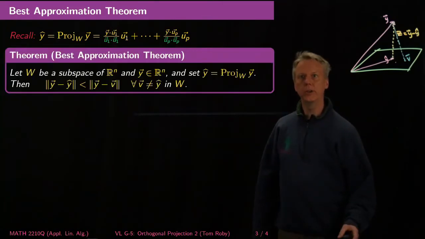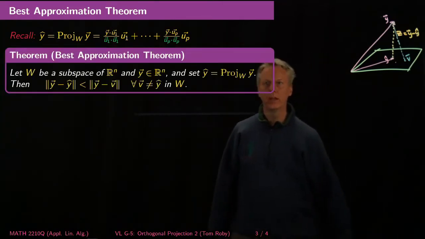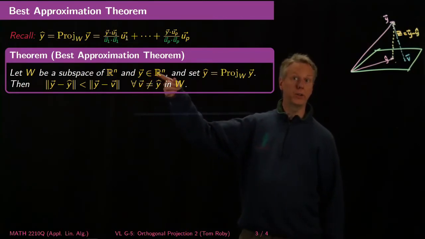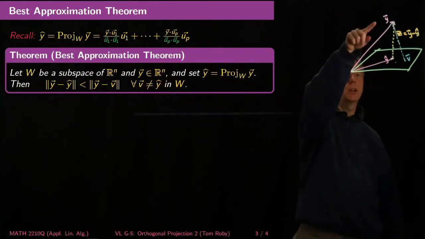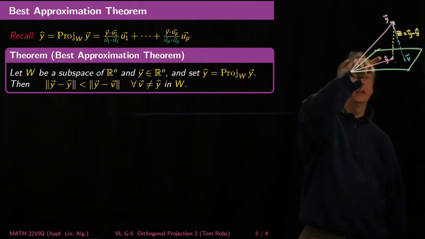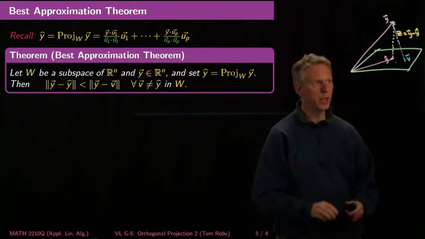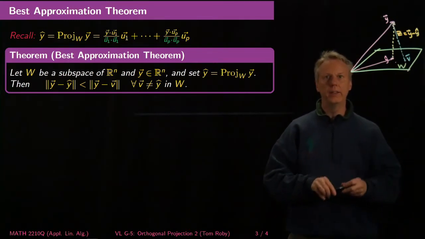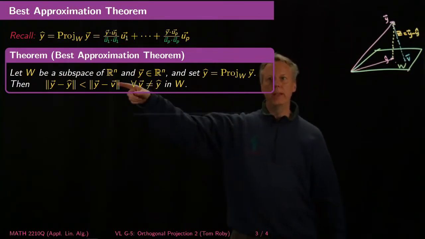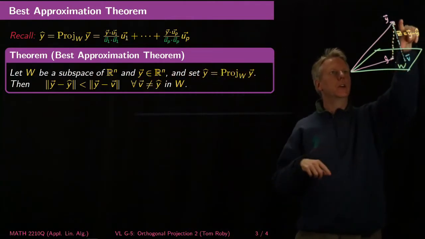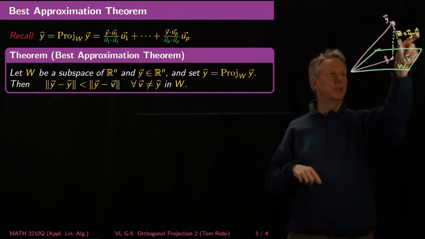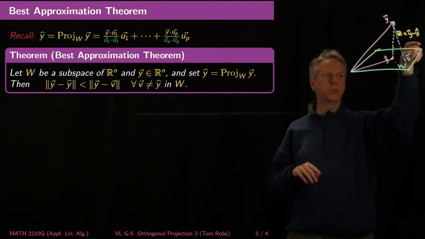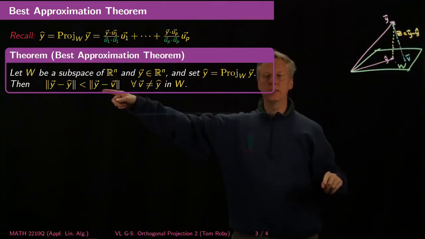Okay? And so here's the best approximation theorem. If W is a subspace of R^n, and y is any vector in R^n, then we'll set y hat to be this projection. So here's the vector y, and here's its projection. I should label this subspace as W. The claim I'm making is that the distance from y hat to y, which is really just the length of this vector z, the orthogonal complement, is the smallest possible.